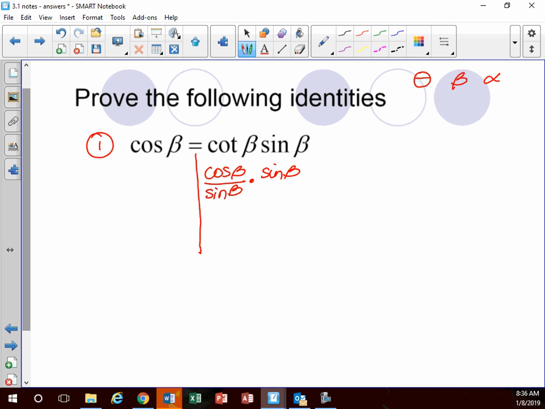So knowing what you know about fractions, can I get rid of anything now? Yeah, sine of beta is going to cancel out. So what am I left with on this side? Cosine of beta. And isn't that what I had on the other side? Okay. You have done your first proof.